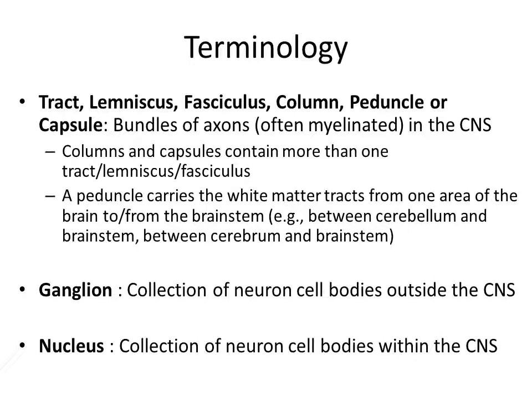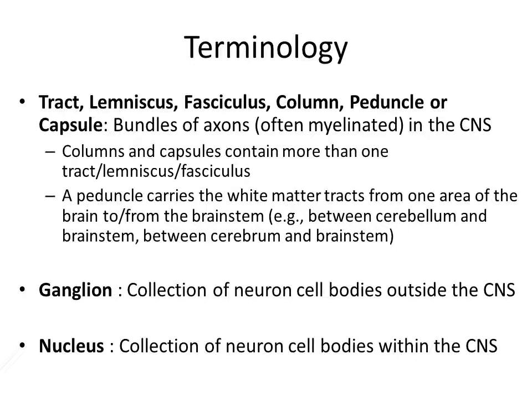You'll learn those terms in the next unit when you'll be identifying them and drawing them on a cross-section of a spinal cord. But the idea is just that these are all groups of axons traveling from one part of the central nervous system to another. And single groups of axons carrying similar information are called either a tract, a lemniscus, or a fasciculus. And columns or peduncles or capsules carry more than one of those tracts within them.